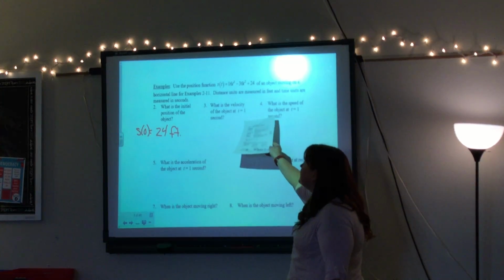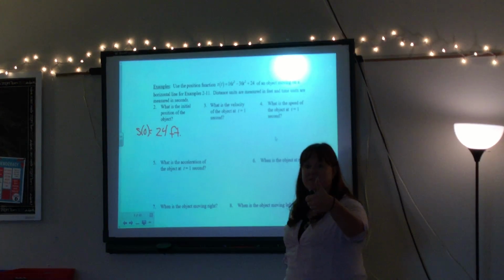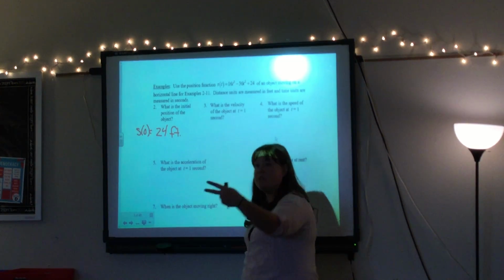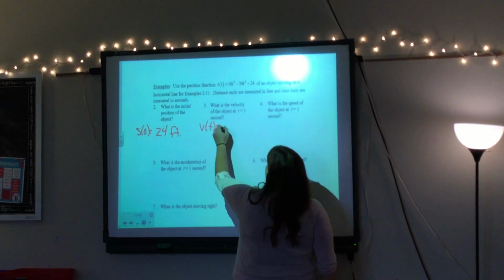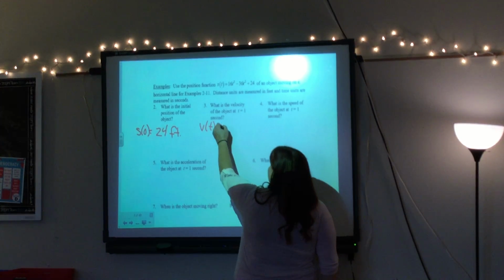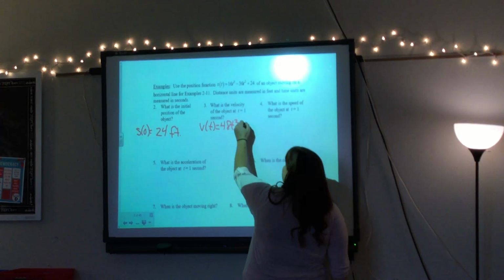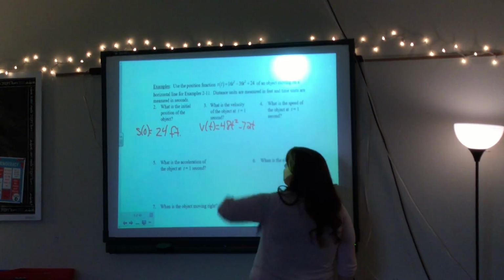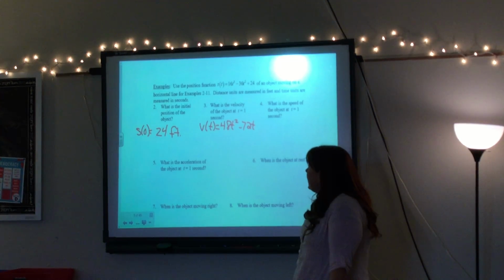Okay, what's the velocity of the object at time equals 1? First we need the velocity function. We have the position function, now we need the velocity function. So v of t equals 16 times 3, which is 48, t squared minus 72t, and then the 24 goes away. That's the derivative, the velocity function. Then all I do is plug 1 into there.